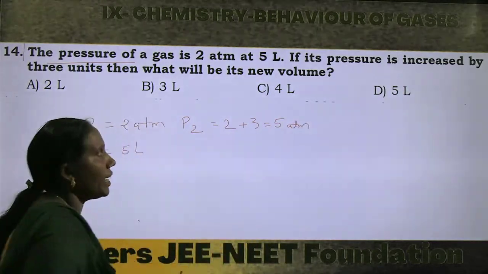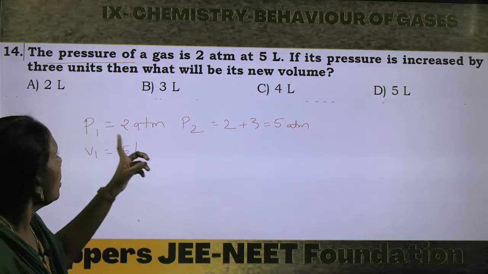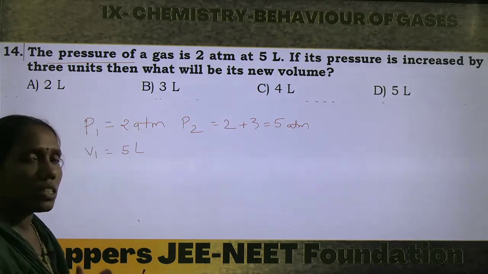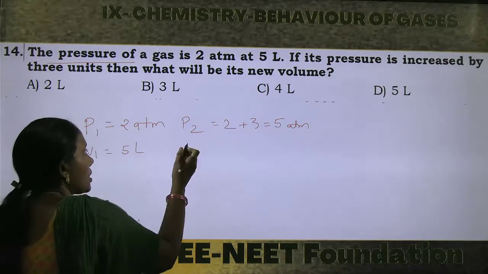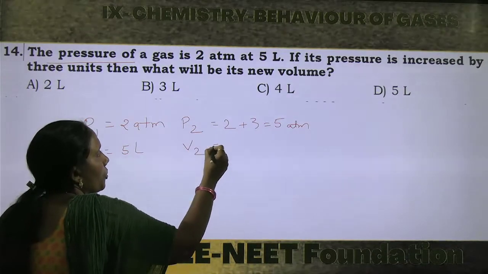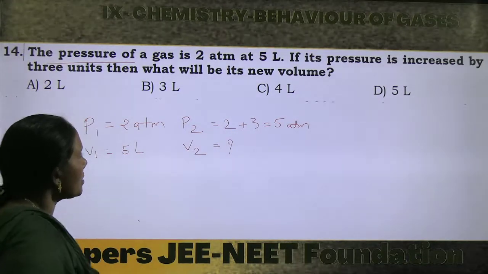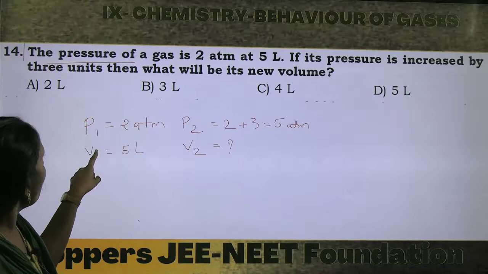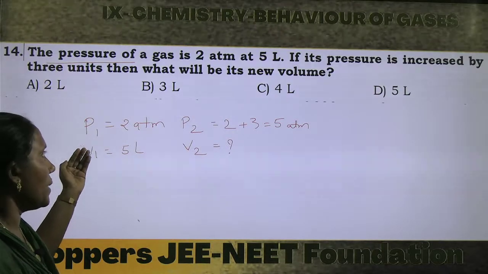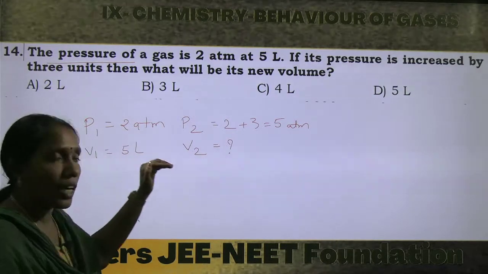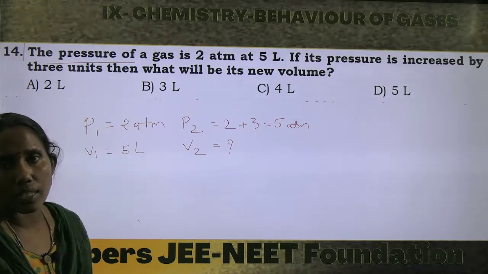So P2 will be 5 atmospheres. Then what will be its new volume? So he is asking to calculate V2. P1, P2 and V1 are given, V2 is to be found.